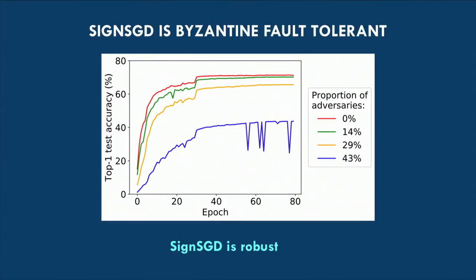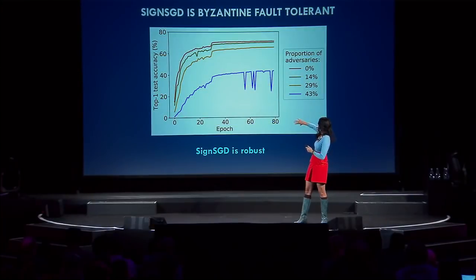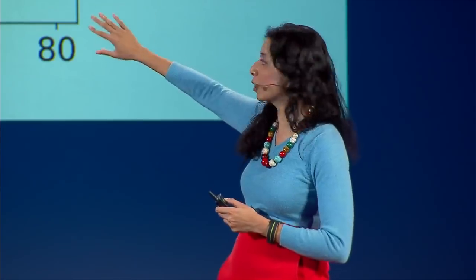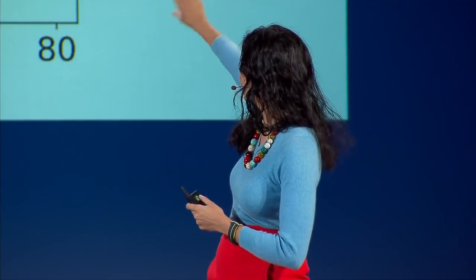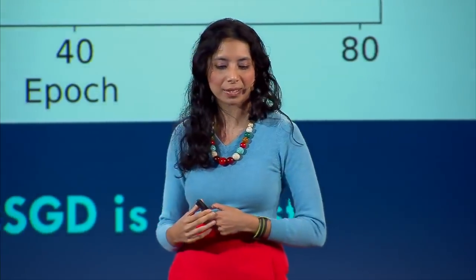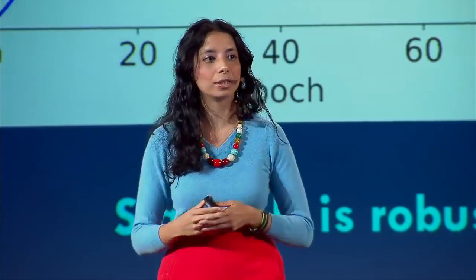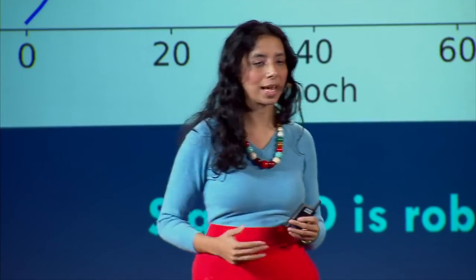And in experiments as well, we find that even with the proportion of adversaries changing, you're going to lose some accuracy, but you're still able to tolerate them. We have results in the paper showing it's much better than what stochastic gradient descent is able to do.